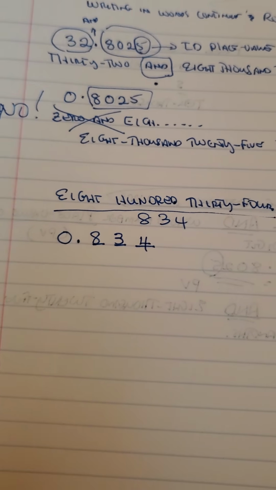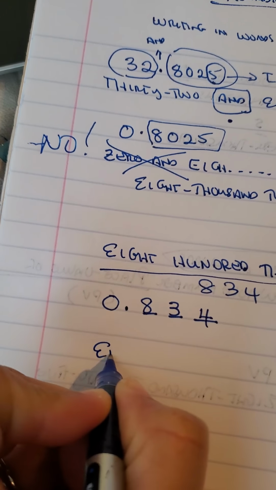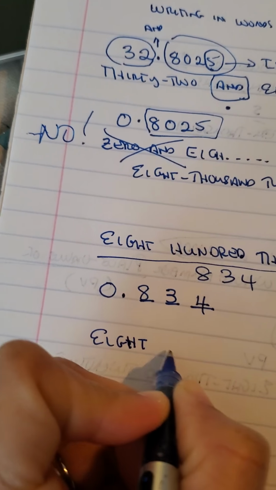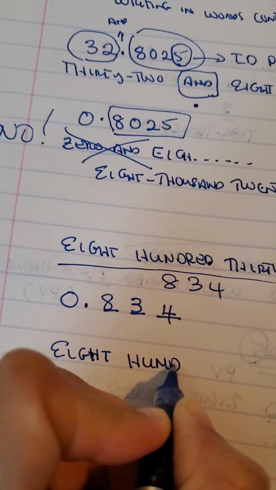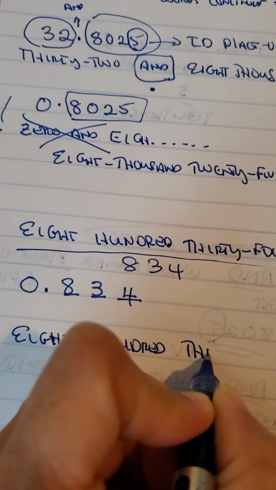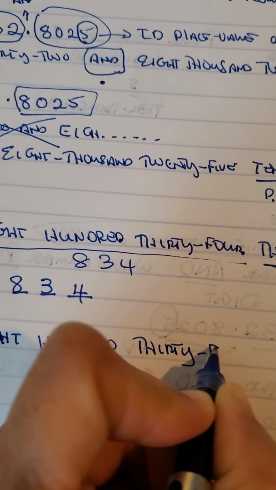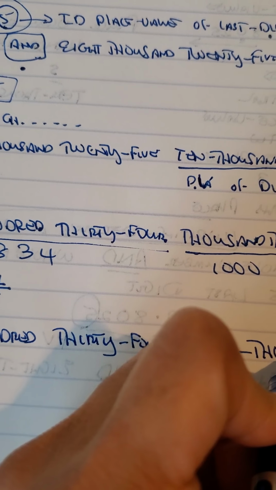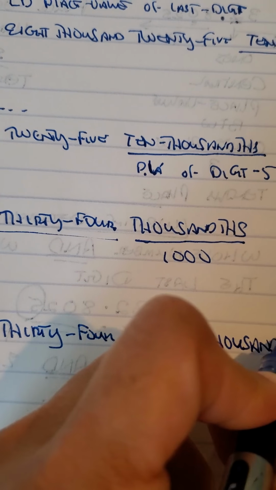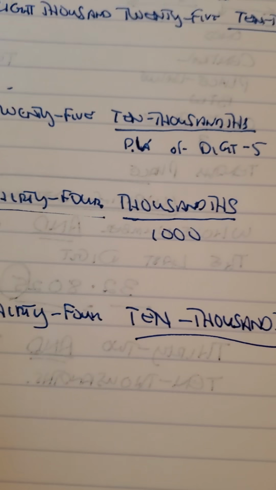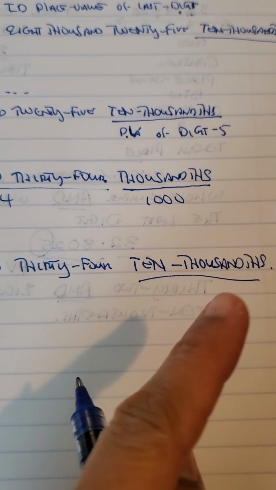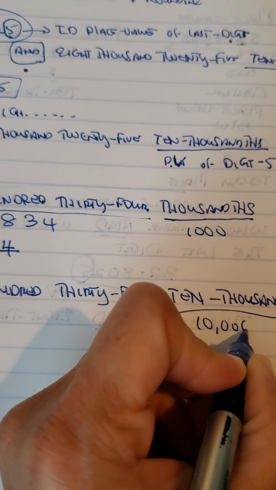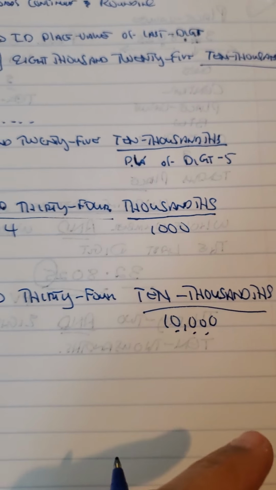Why did I show you that? What if it was 834 10,000s? What this is saying is that my last digit is in the 10,000ths spot, and 10,000 means I have 4 zeros, so 4 places.